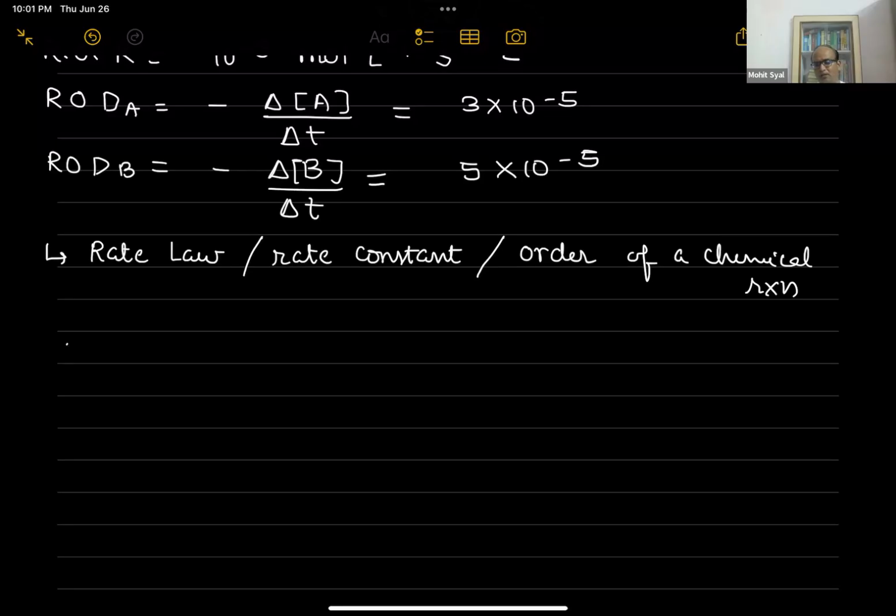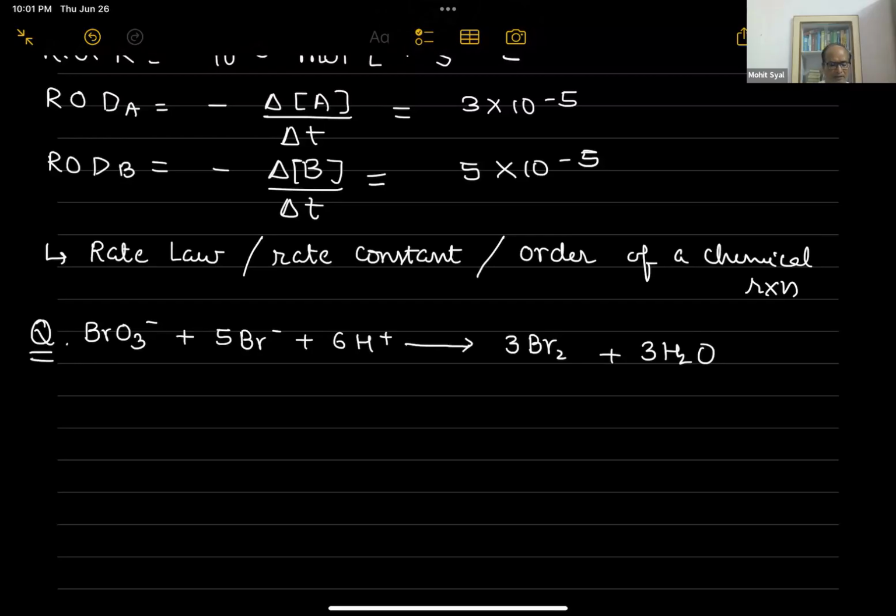So rate law, rate constant, and order of a chemical reaction. Let me write the equation. Suppose this is the chemical equation.